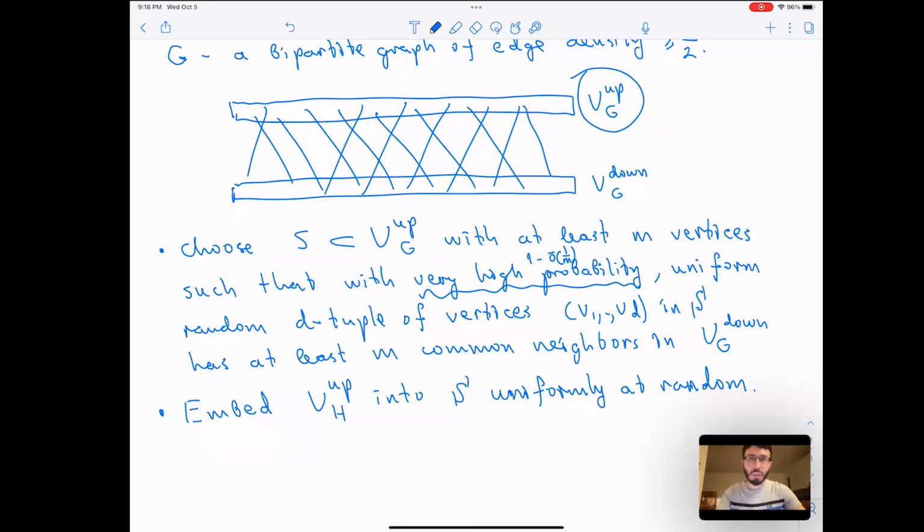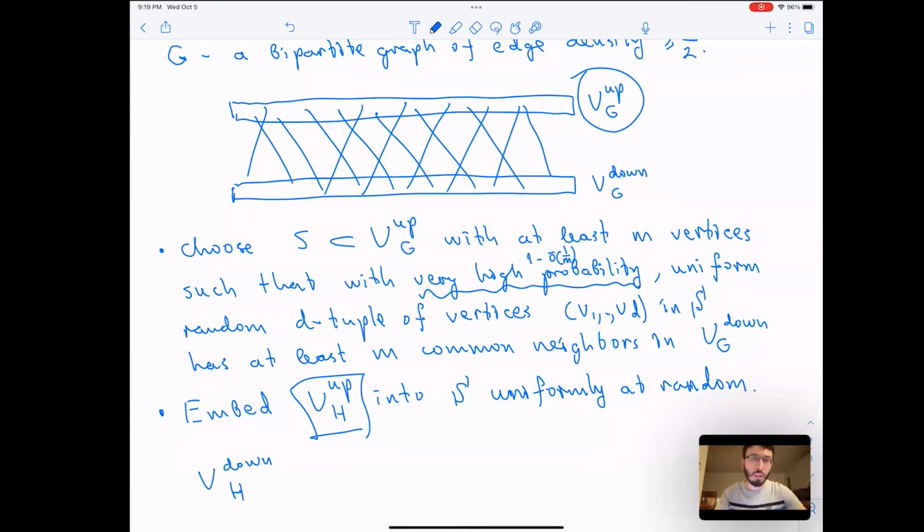If the probability is that high, then when we embed the upper half of the vertex set of H into S, with positive probability we get the situation where every D-tuple that corresponds to a set of neighbors for a vertex in VH down will have at least M common neighbors in the graph G.